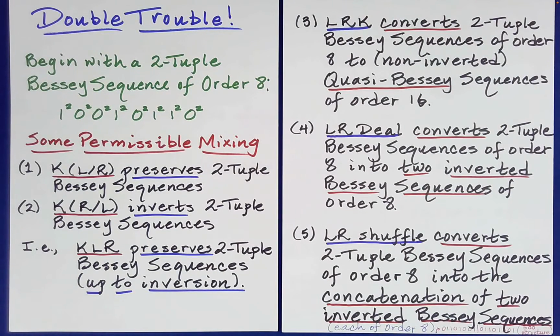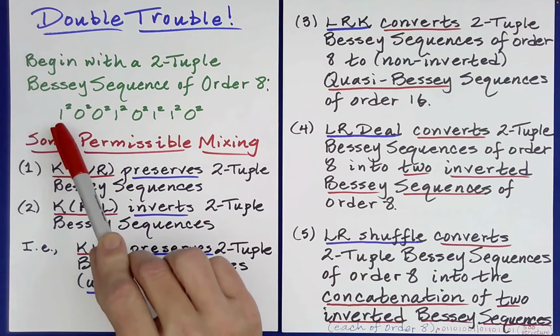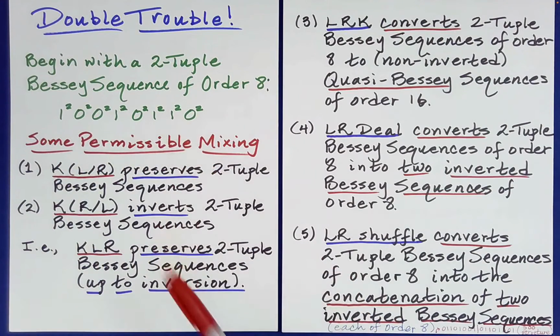Okay, so for example, if we begin with the one over here, what we'll get then is 0, 1, 1, 0, 1, 0, 0, 1, followed by 0, 1, 1, 0, 1, 0, 0, 1. Okay, so that is the concatenation of two inverted Bessie sequences. And it has an SOO CMA structure, if you're interested.